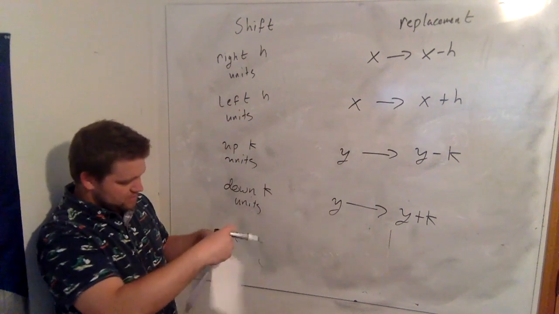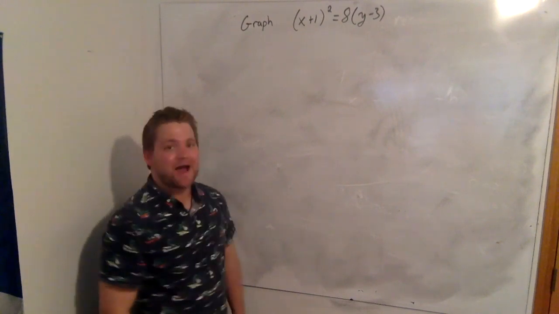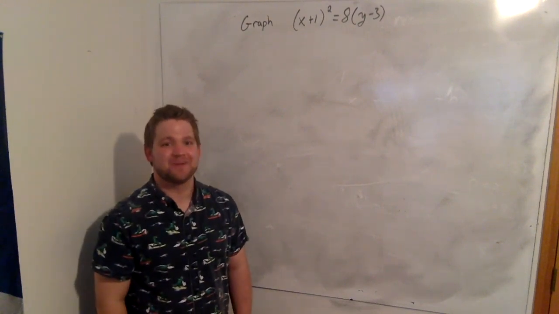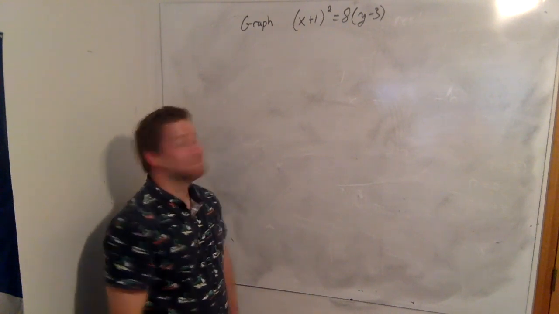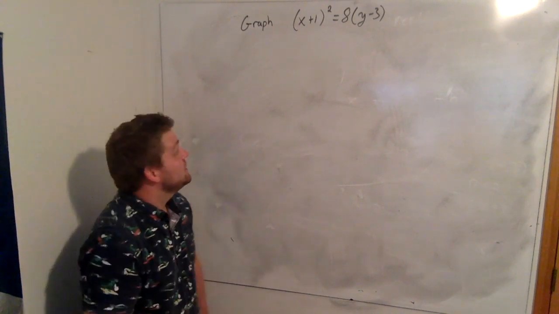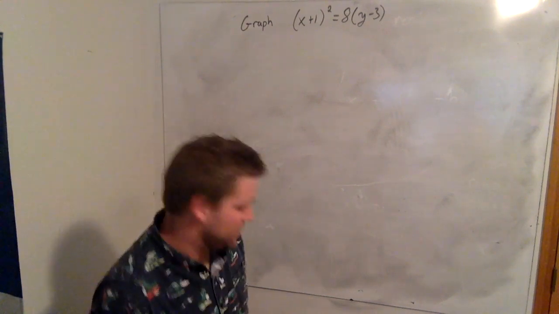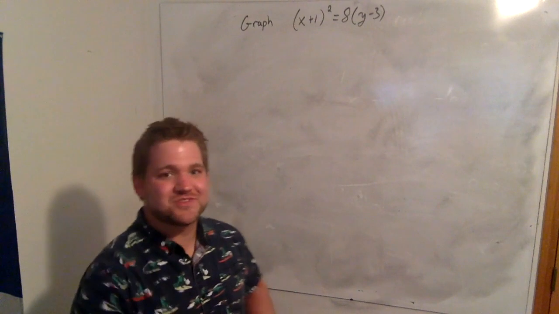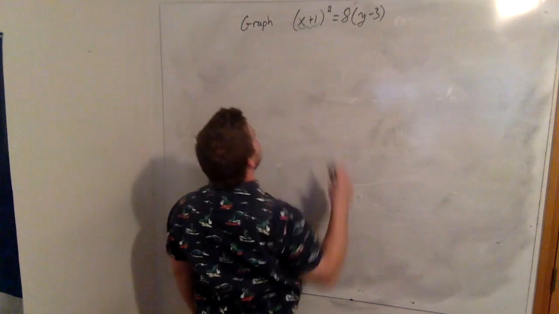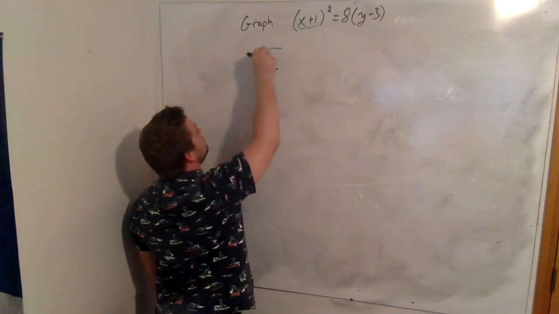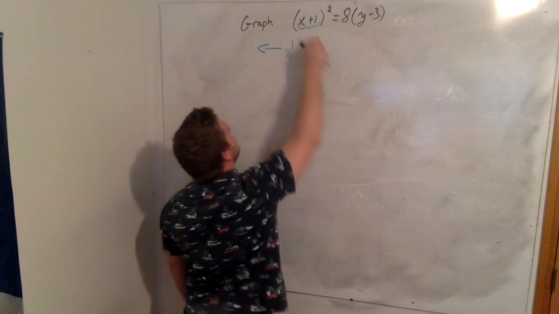Let's do some examples. Okay, let's go ahead and try to graph this shifted parabola. Go ahead and pause the video and give it a shot. Okay, the first thing I want to think about is, where is the vertex located? And then we'll base all our measurements from there. Since we're adding 1 directly to the x value, we're going to be shifting the graph left 1 unit.